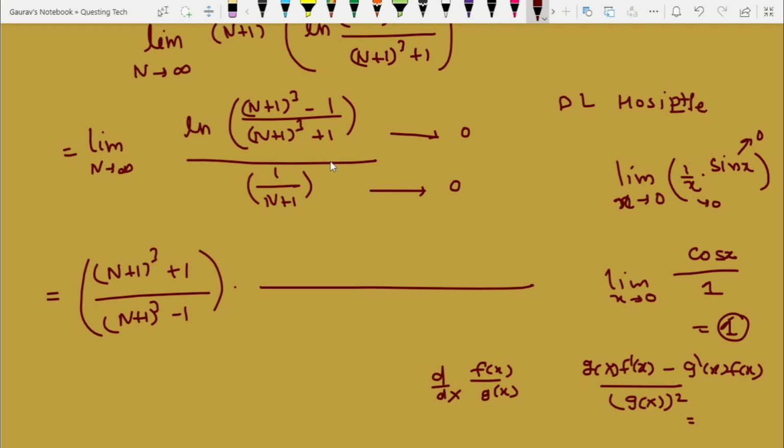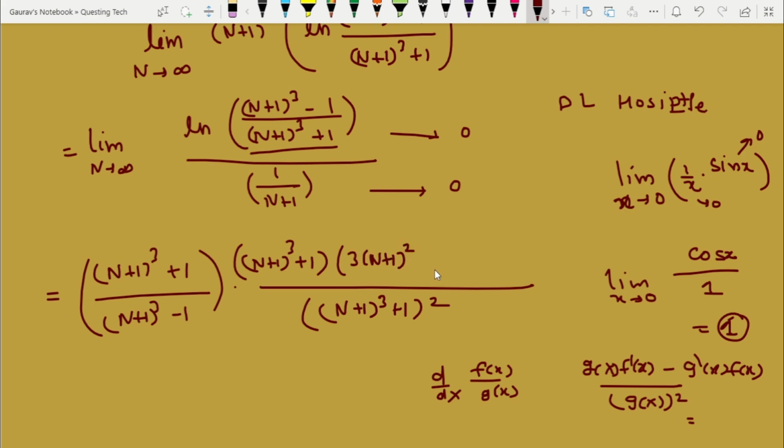So if we have ln, we first differentiate the ln only. The ln differentiation is 1 over x, where x is this full quantity, and now we differentiate this quantity with respect to n. So this is going to be (n plus 1) cube plus 1 in the denominator squared, then (n plus 1) cube plus 1 multiplied by 3(n plus 1) squared.